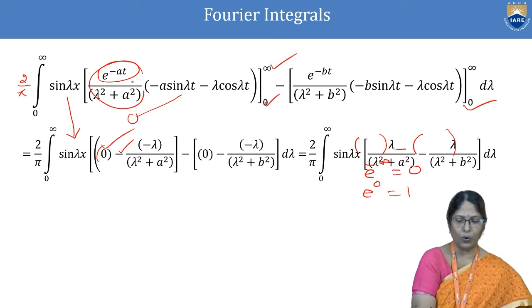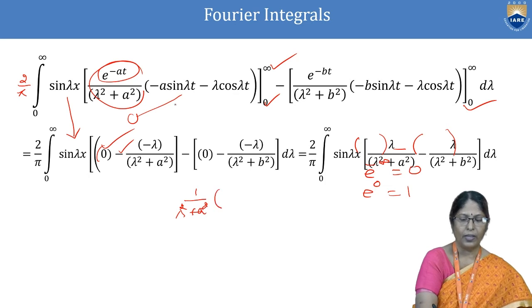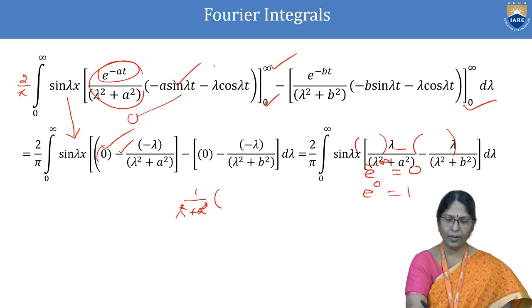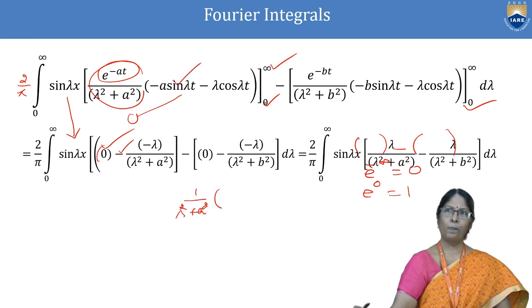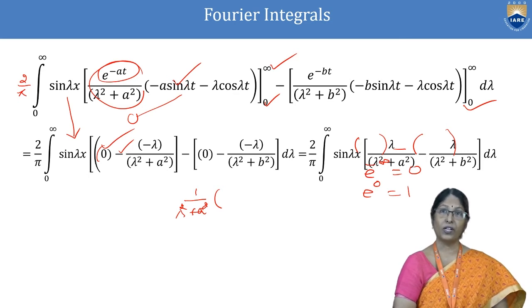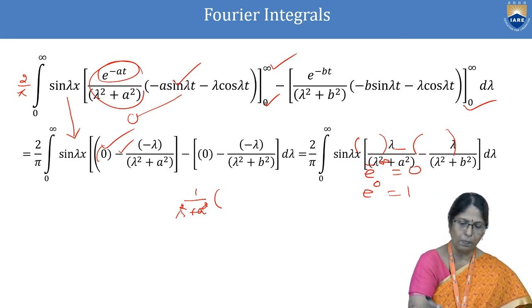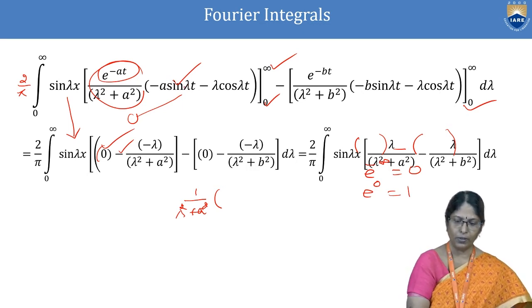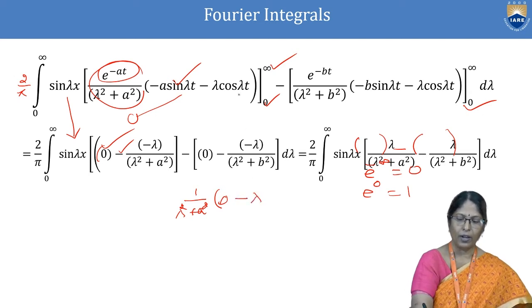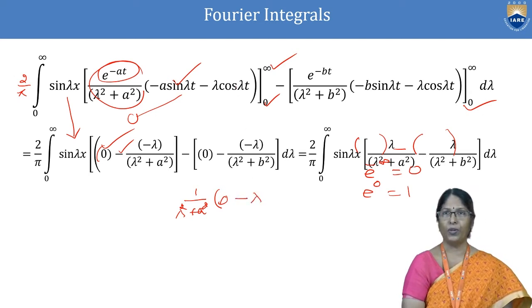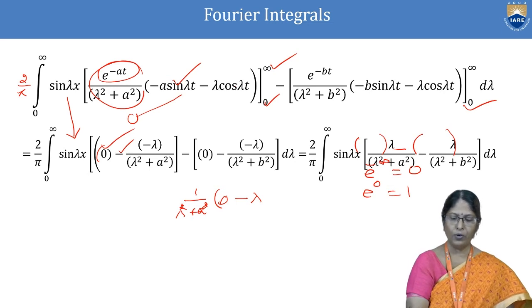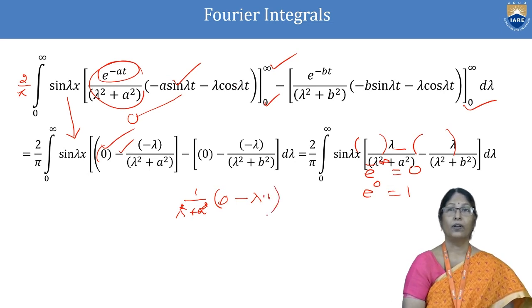E power 0 is 1 divided by lambda square plus a square. Here we are substituting in the t place because completely we are doing integration with respect to t. So in the t place we are substituting, sine 0 has become 0 minus lambda cos 0, the value is 1. So lambda into 1 is lambda.